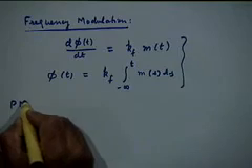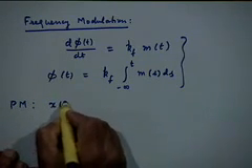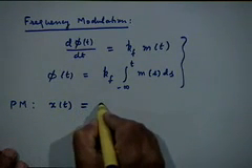These are fairly simple concepts so far. I don't think there should be any difficulty. So if I were to write an expression for the phase modulated signal x of t, it is now very clear what it should be.